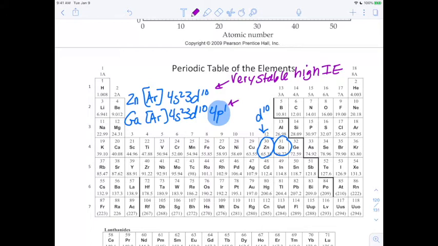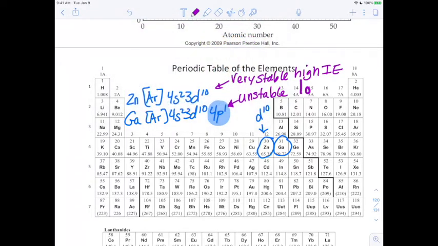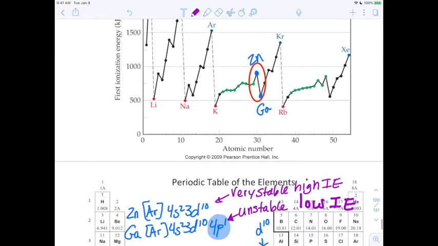Whereas over here, this is an unstable configuration, so it's going to have a low ionization energy. That is because it's unstable now, but if you remove one electron, then you can stabilize it. And that's why we're going to see the zinc has a very high ionization energy and the gallium an extremely low one.